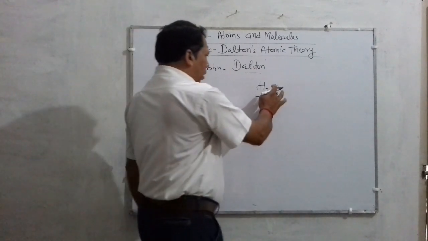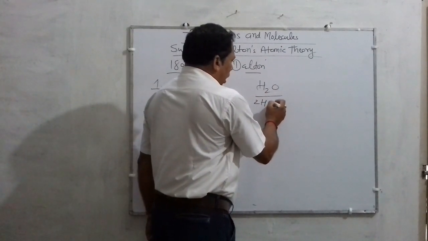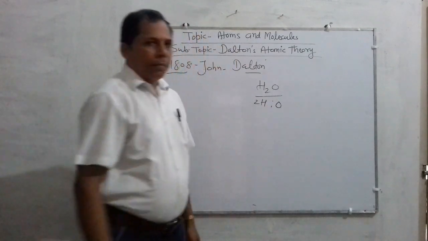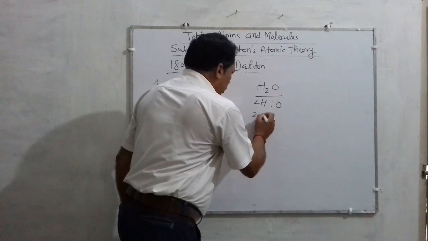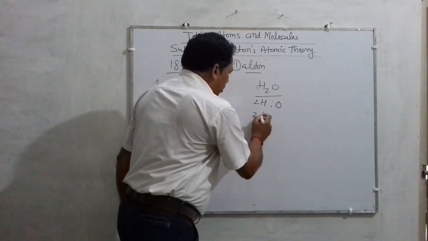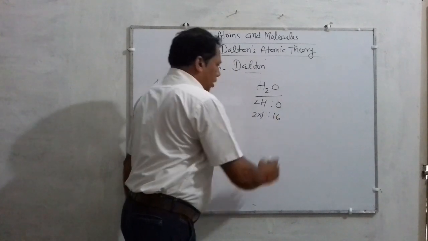This compound is formed by the combination of two hydrogen atoms and one oxygen atom. So what is their ratio of combination? That is 2 into 1, 2 is to 16.